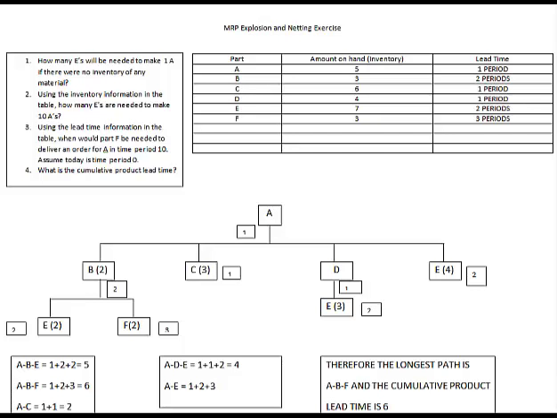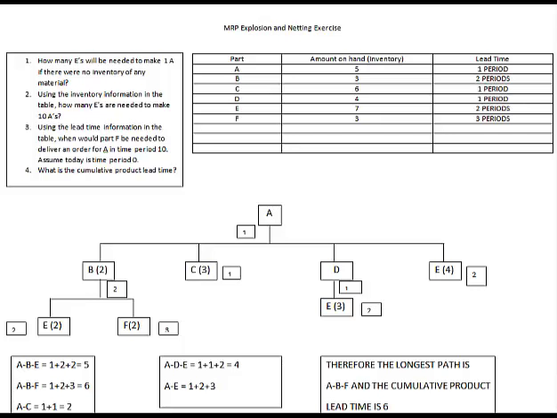We have another path that goes from A to B through F. So similarly, we're going to add the times for it, which would be 1, 2 time periods for B, and 3 time periods for F. So 1 plus 2 plus 3, as shown in the lower left-hand corner, is 6.